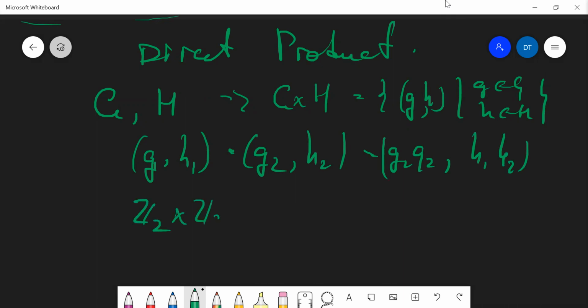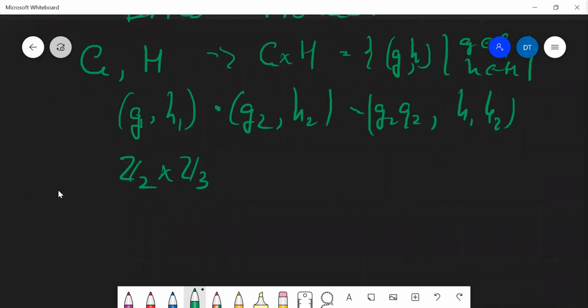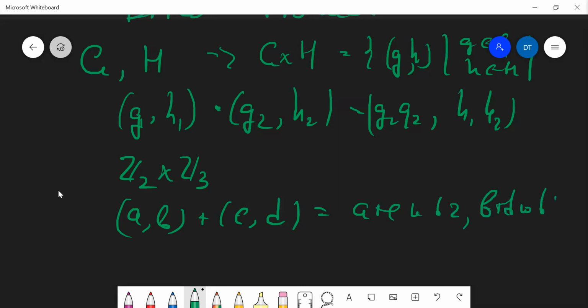Let's say when you have Z2 times Z3, your operation is usually denoted by addition in this particular case. So how do you add these two things? You just add A and C modulo 2, and you add B and D modulo 3. So this is how your operation works in this particular case.